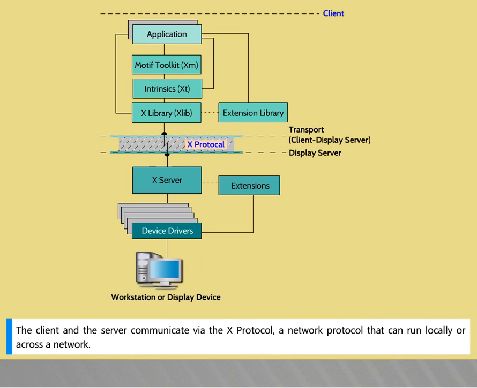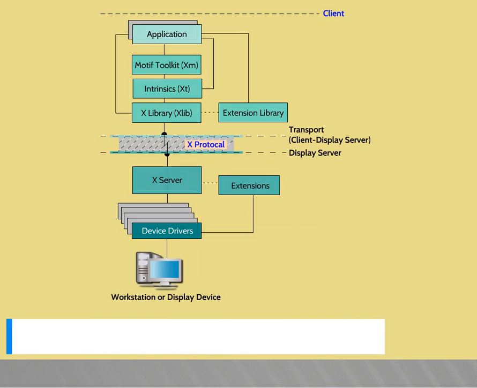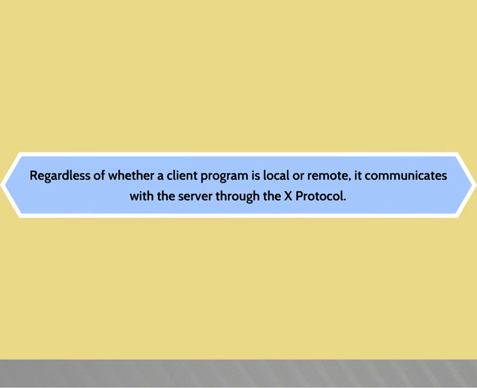The client and the server communicate via the X protocol, a network protocol that can run locally or across a network. Regardless of whether a client program is local or remote, it communicates with the server through the X protocol.